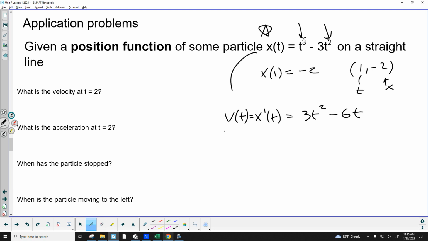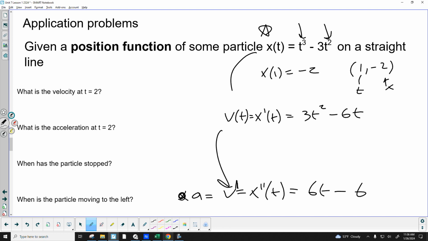What if I took the derivative again to get the second derivative, like f double prime? All I do is take the derivative of the derivative. What is the derivative of 3t squared minus 6t? It's a rate of change of a rate of change. It's a rate of change of velocity. It's an acceleration.